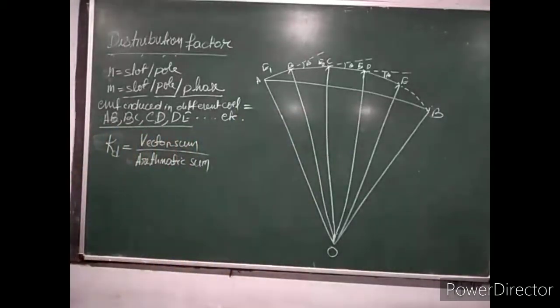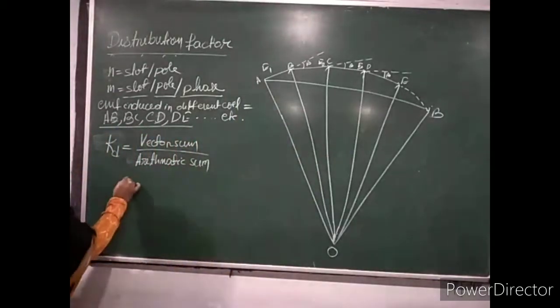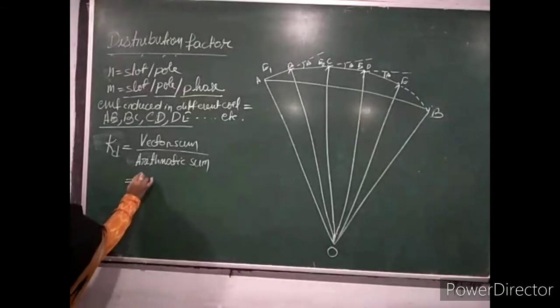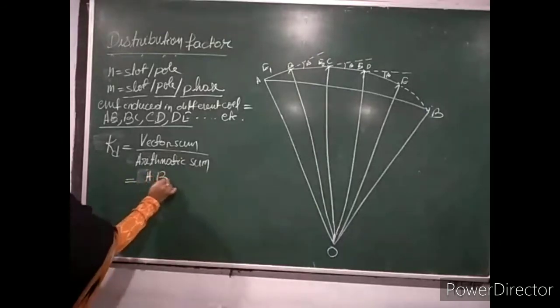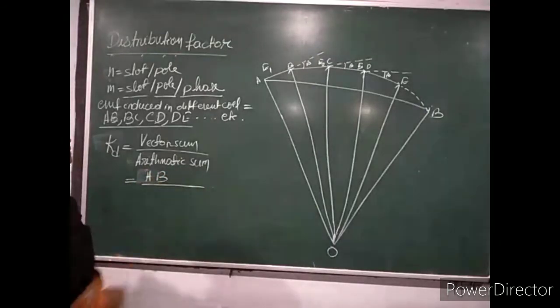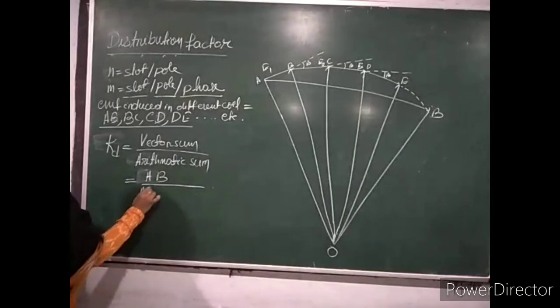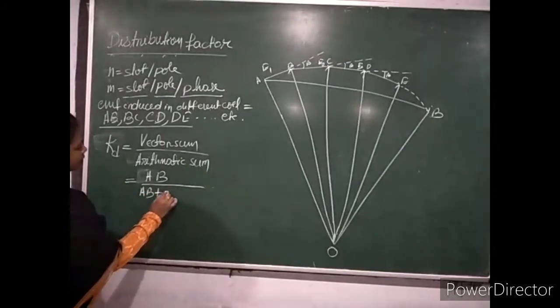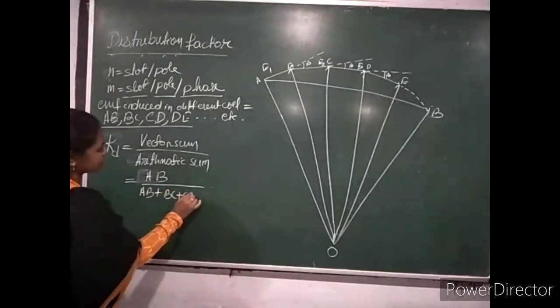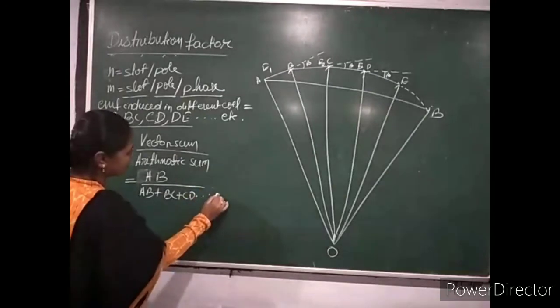Okay. So here first you find the vector sum, that is AB, and the arithmetic sum is AB plus BC plus CD and so on.